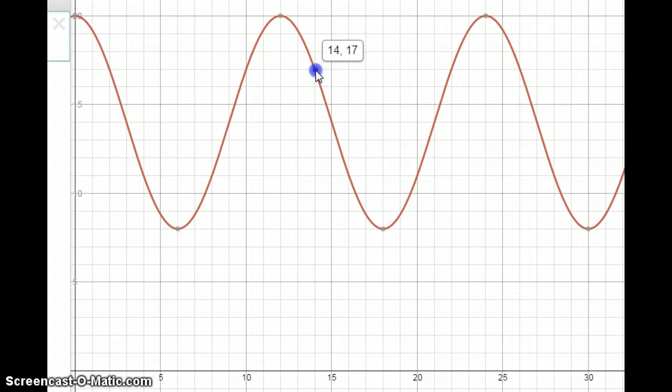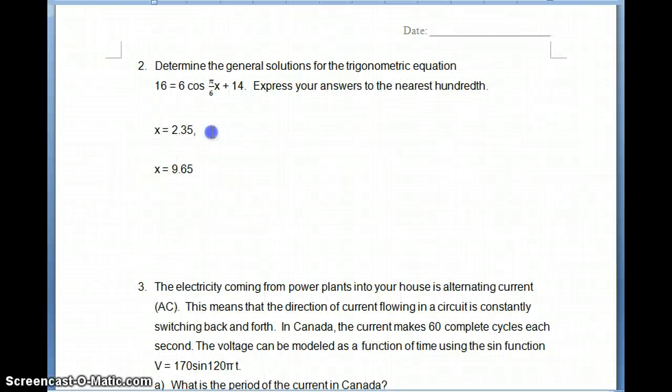Here we have 16 at 14.35, and if we look at that distance, it is 12, which is the same as our period. So 2.35 plus your period gives you 14.35.